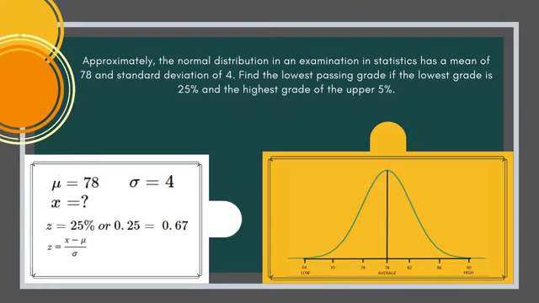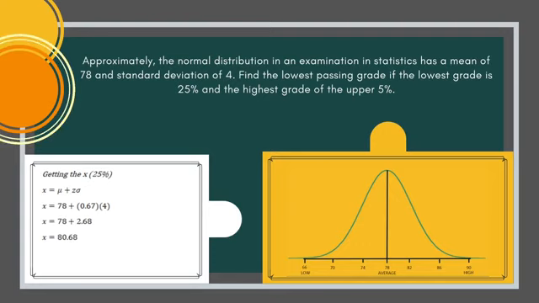Now that our given is identified and complete, we can now use our derived formula for the value of x. Our formula for the value of x is the mean plus z multiplied by our standard deviation. We will substitute this using our given, and that leaves us with x is equal to 78 plus 0.67 multiplied by 4.